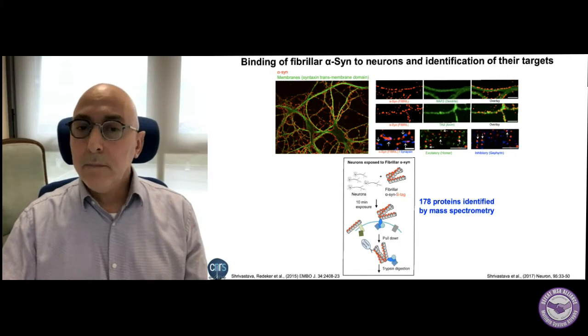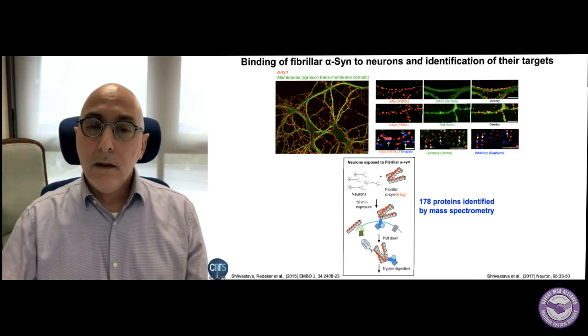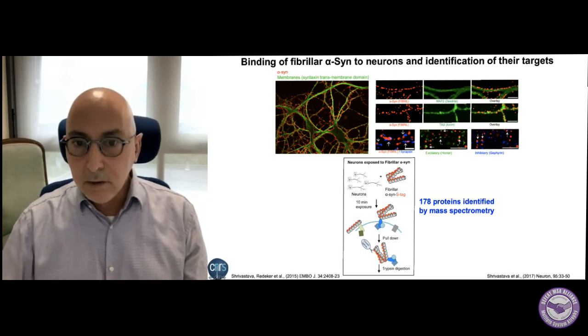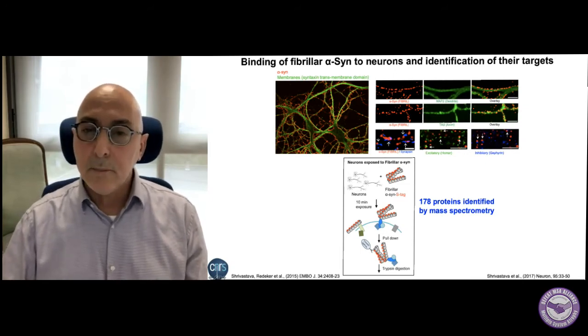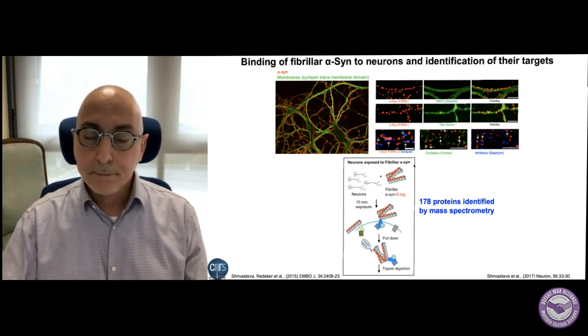So we looked at binding, and as you can see from these images, both the axons and the dendrites bind the fibrils. A very important part of the neuron is the synapse. And as you can see from this image, the fibrils bind also to the synapses.